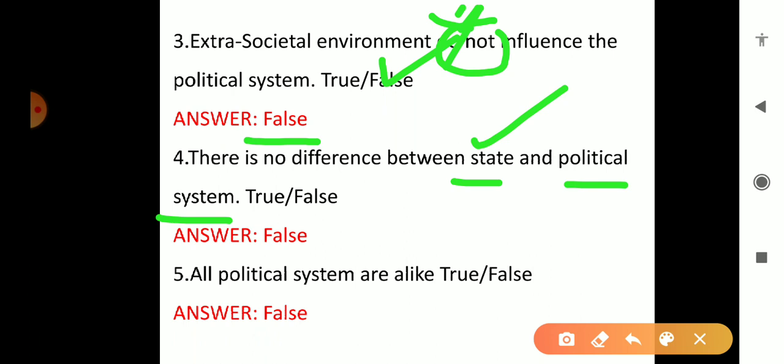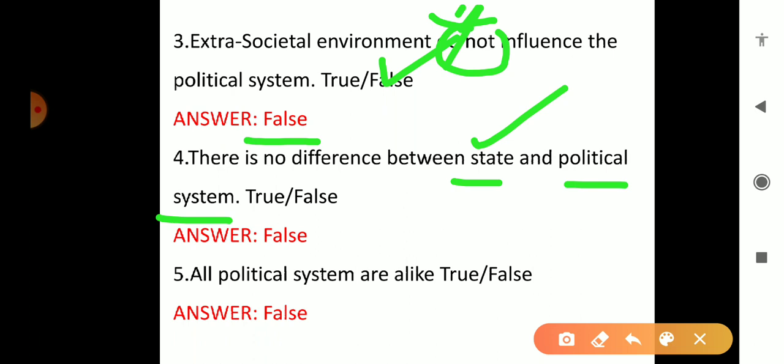That is population, sovereignty, government, and territory. A political system includes everything: government also, people also, organizations also, and the extra-societal environment also influences it. So there is a difference between state and political system. Political system is a wider concept than the state.